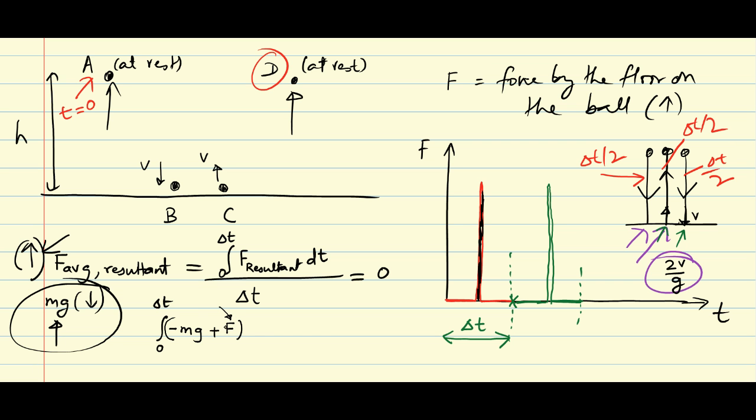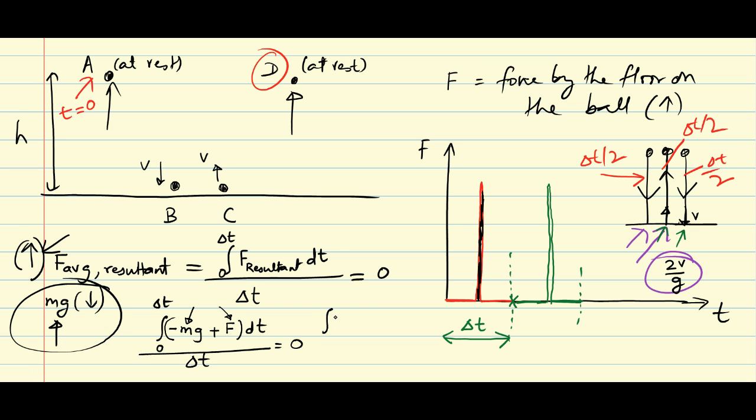So F is a function of time. Now mg on the other hand is a constant, so it's a constant function of time, minus mg, dt divided by delta t. So we know that this is equal to 0. Just now we have seen that.